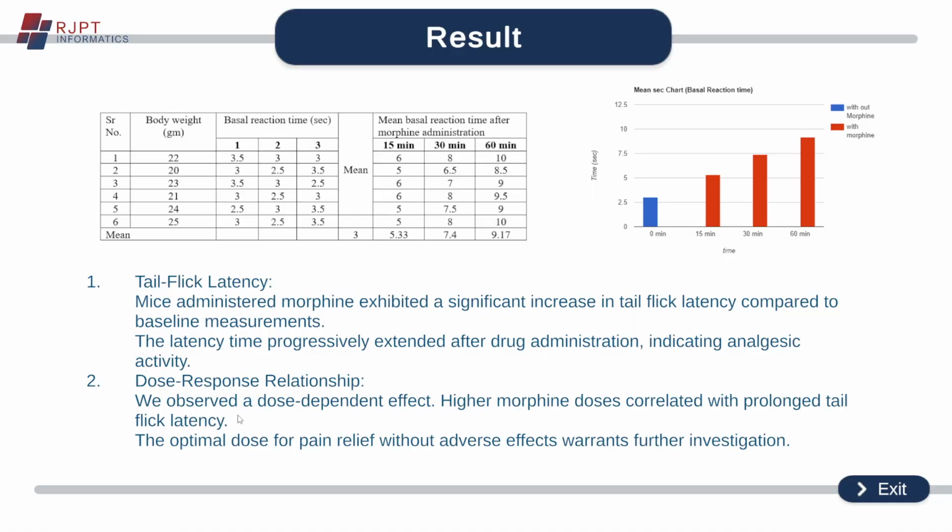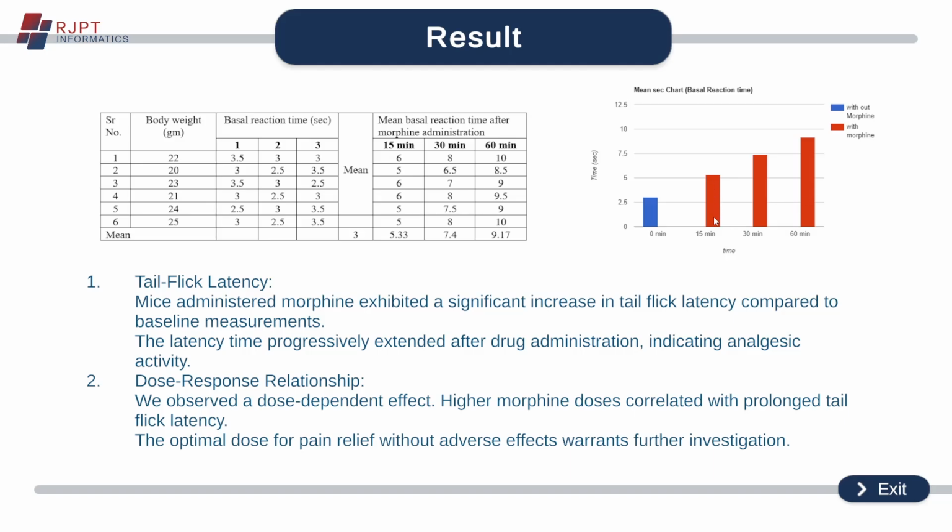Now, dose response relationship. We have observed a dose dependent effect, higher morphine doses correlated with prolonged tail flick latency, which means this chart shows that this blue graph has shown that 3 seconds mean value, which means graph shows without morphine and the red line shows with morphine.